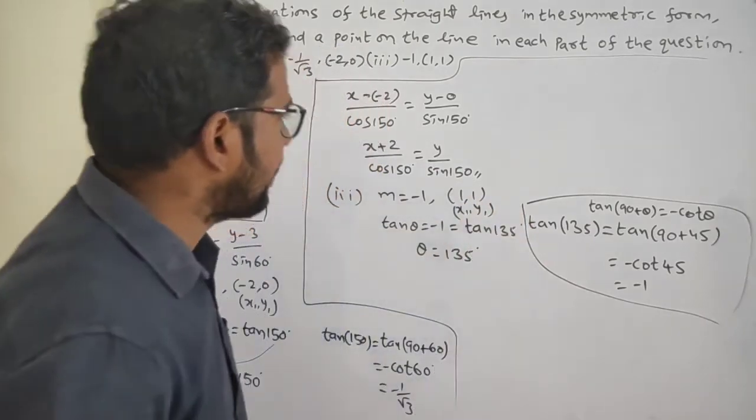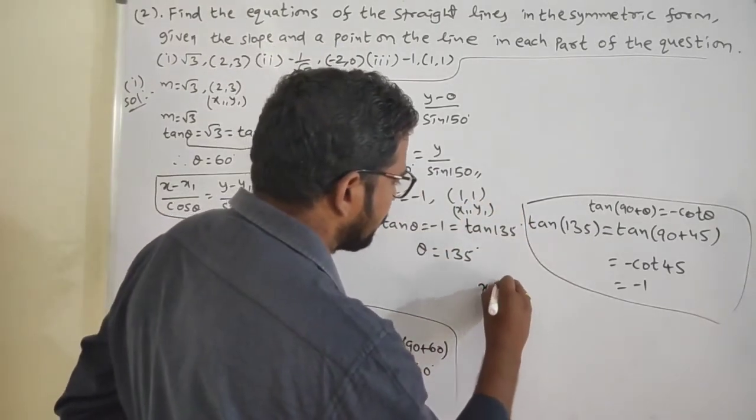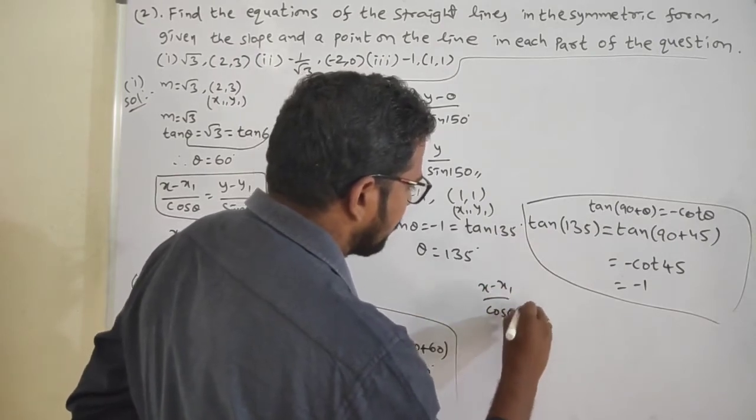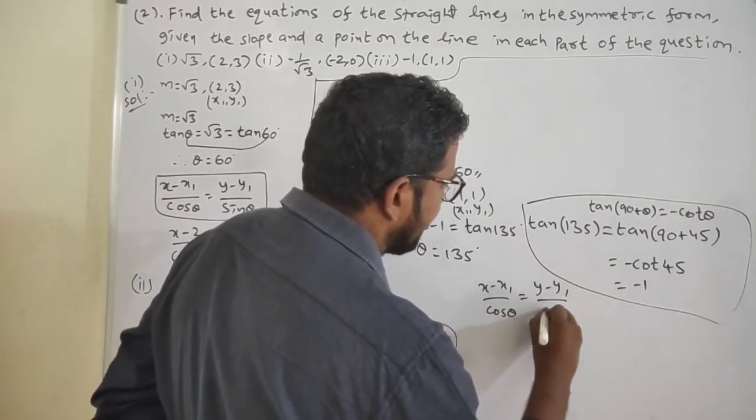in symmetric form. What is form? X minus x1 by cos theta is equals to y minus y1 by sin theta.